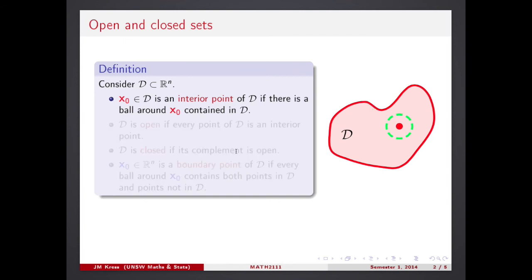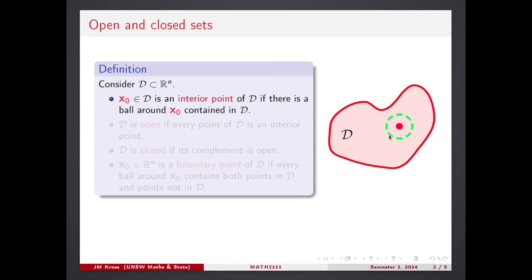Just a bunch of definitions which you need to know to live through this topic. For instance, if you have a set, or we call it a domain in Rn, some points will be classified into different classes, like a boundary point, interior point. An interior point is one which is a part of the domain together with some ball around it.